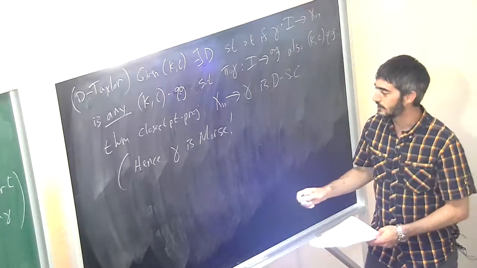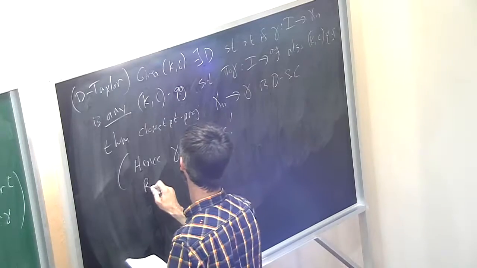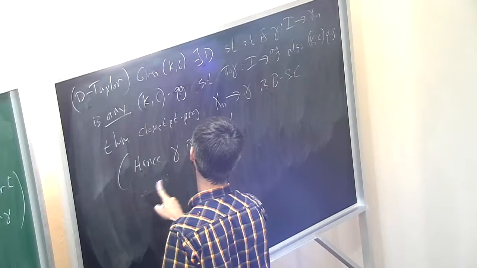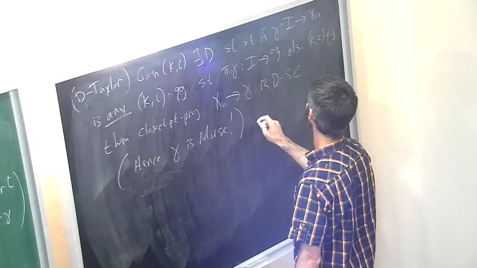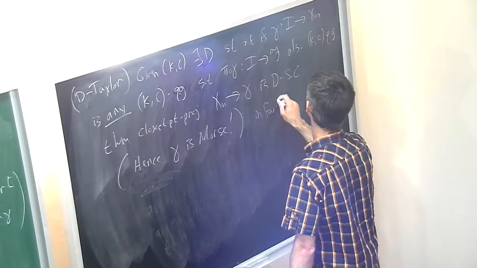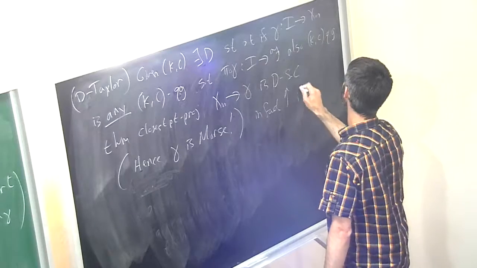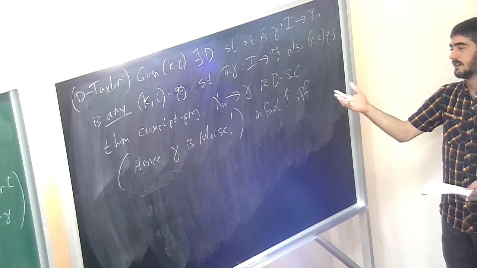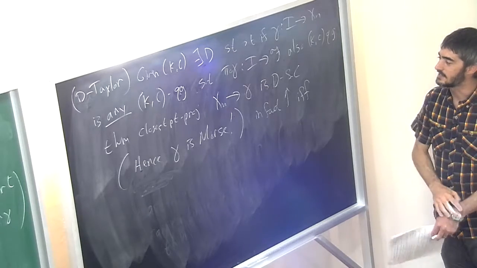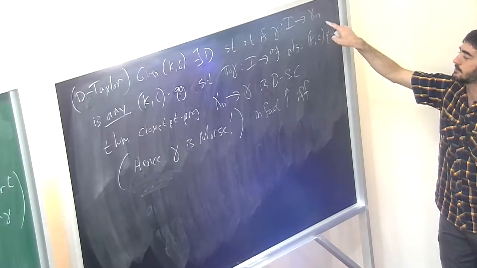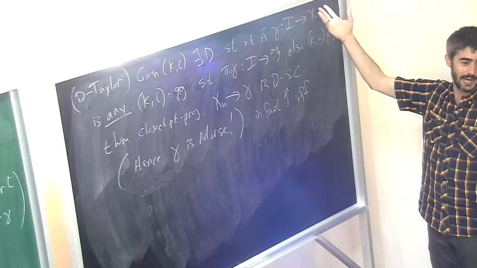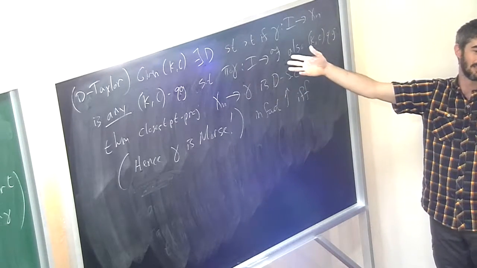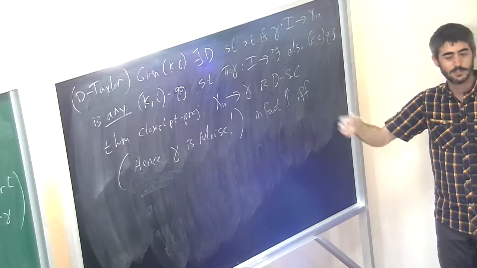And also, let me remark that it's an if and only if. So in fact, if you had, let's say, at least any geodesic in outer space that happens to be strongly contracting, then it satisfies this property that when you project to the free factor complex, it's a quasi-geodesic. Okay, so what is this saying?